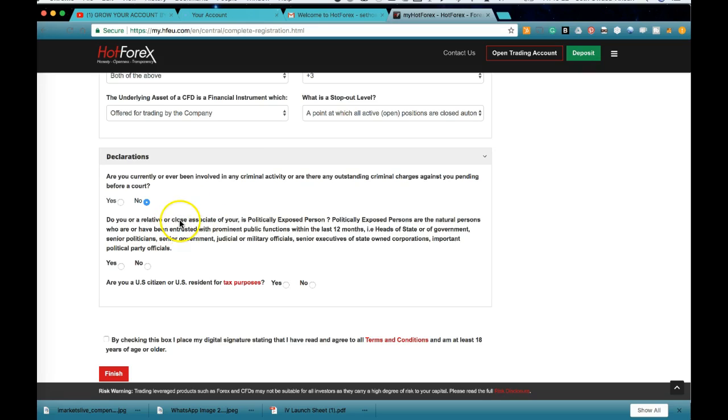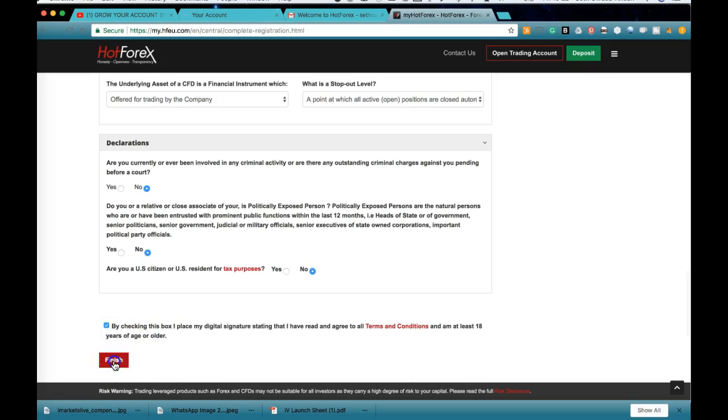Do you or a close relative of yours is a politically exposed person? Hopefully not. Are you a US citizen? So HotForex doesn't accept US citizens currently. However, if you are a US citizen living in another country, you could potentially still have an account with them.